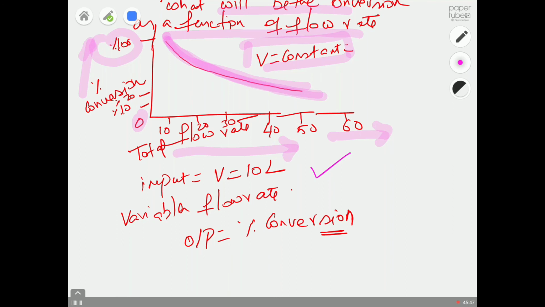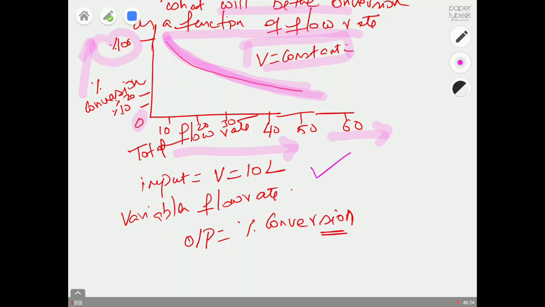You're just simulating the whole process, changing the operating variables like your flow rate, your volume, and your residence time, and checking how the percentage conversion changes. Obviously, if you change the volume, it's going to change the residence time. If you change the flow rate, it's going to change your residence time. That's the thing you should remember. That's what process simulation is all about.